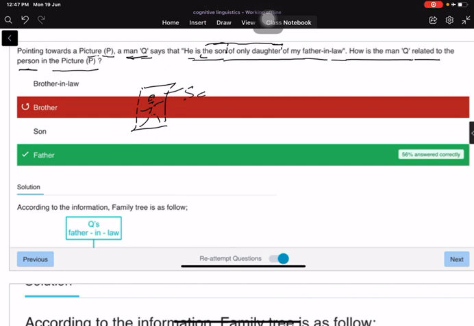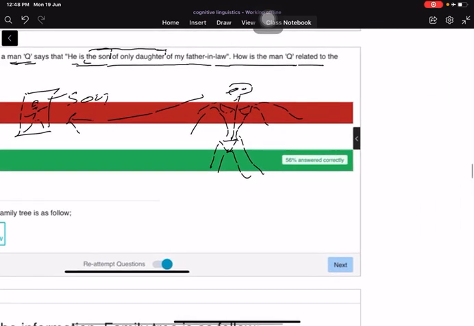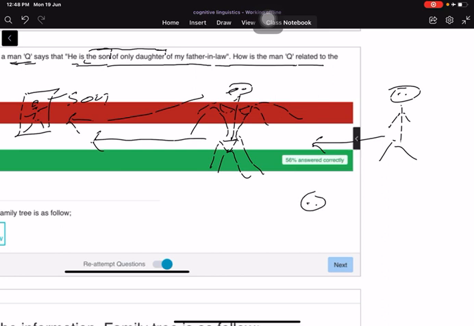So he is a son and he is the son of the only daughter of the father-in-law, whose only daughter she is, and his son is being pointed out by someone else, right?